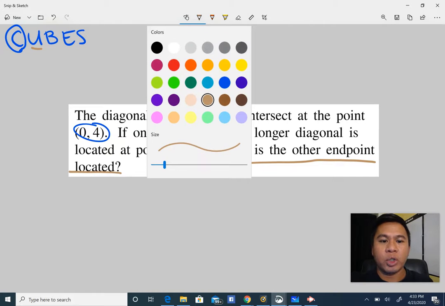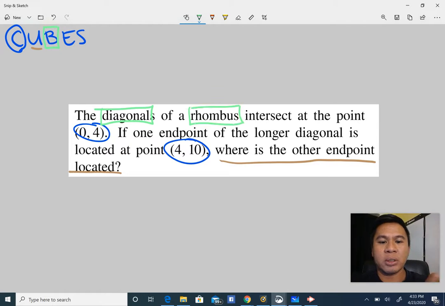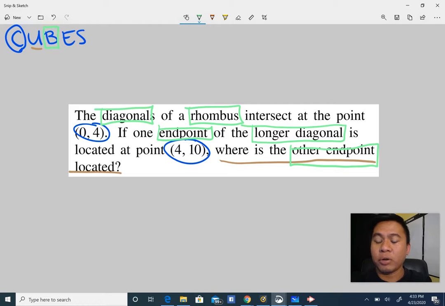Next thing that we're going to do is to box the keywords and phrases in here. So first, there are the diagonals of a rhombus. There's also the endpoint of the longer diagonal. And we're talking about what the other endpoint of this longer diagonal will be.